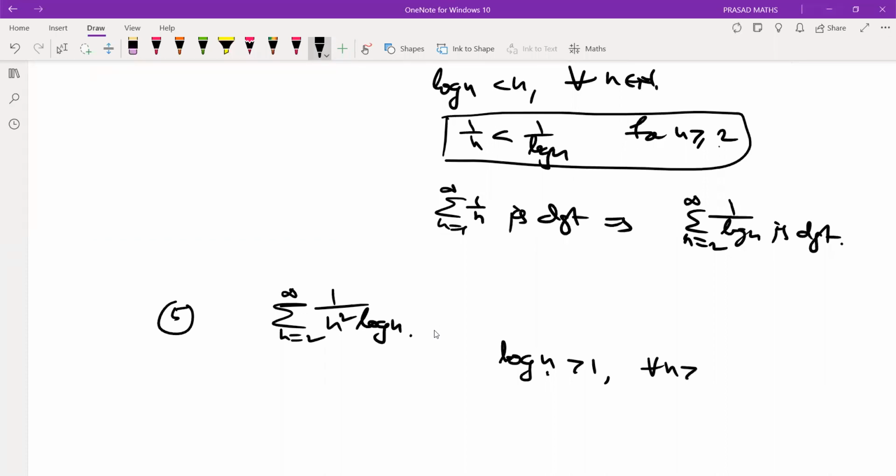For n bigger than or equal to 3 it is possible, because n is bigger than e power 1, therefore satisfying this inequality. So multiplying with n square, which is a positive real number, the inequality doesn't change.